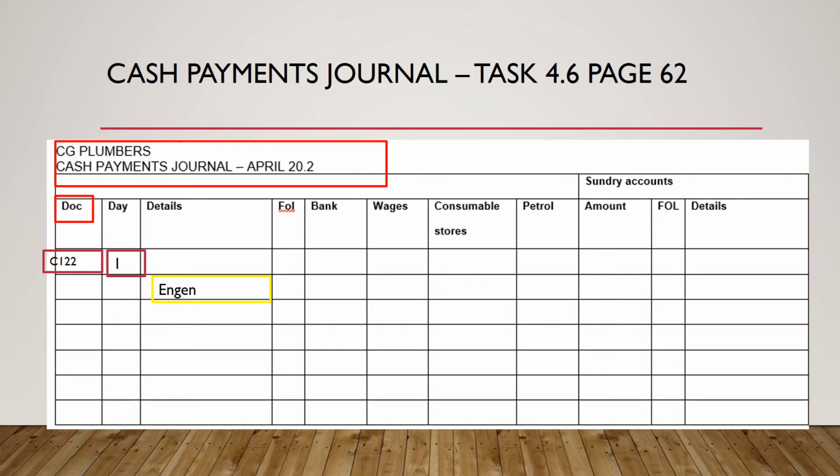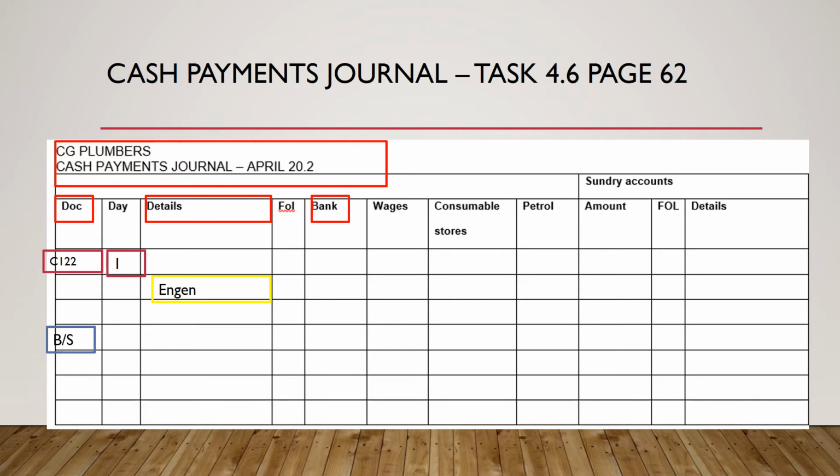So, if you look at the top of the page, we are doing the cash payments journal of CG Plumbers for April 2002. Our first column is document. That is to display the source document. The next column is day, so that we can know on which day the transaction took place.